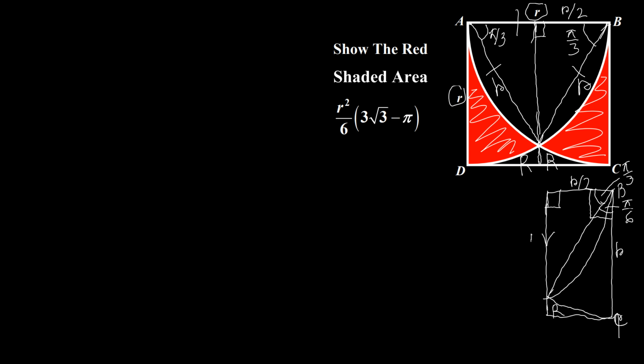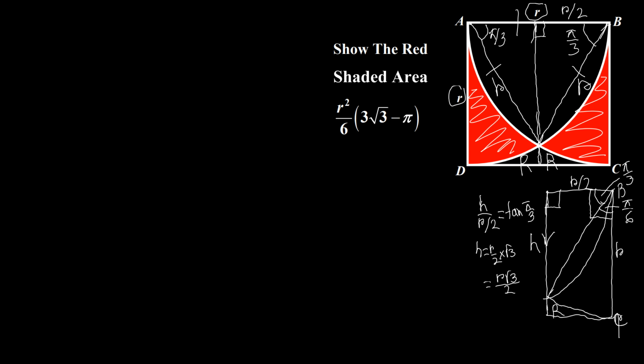If we consider this length H, then in this triangle we have H by R by 2 equal to tan pi by 3, opposite by adjacent. Then H equals R by 2 times tan pi by 3, which is root 3. So we can write R root 3 divided by 2. This is the length from here.